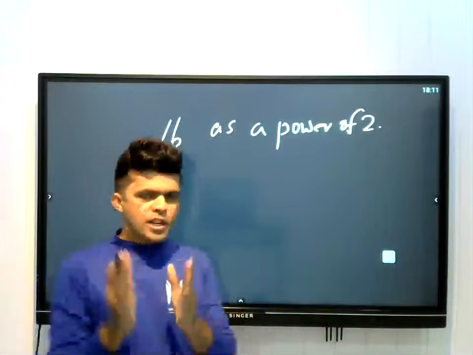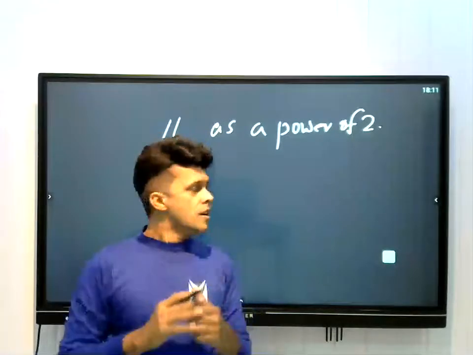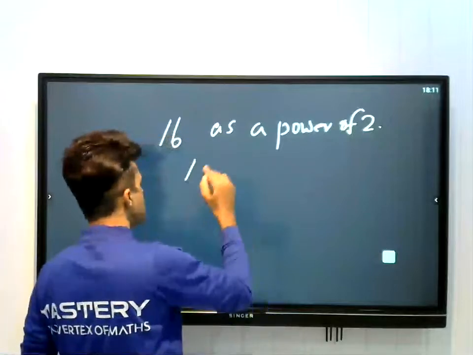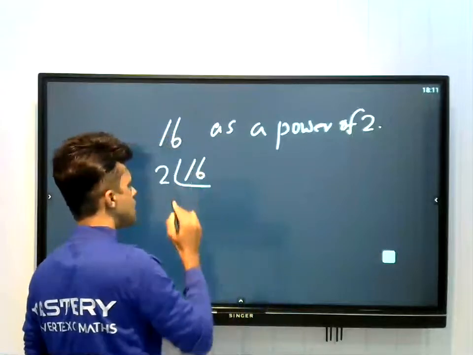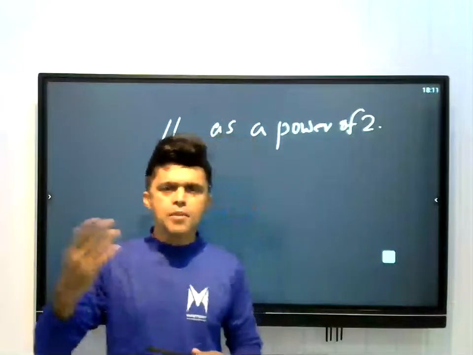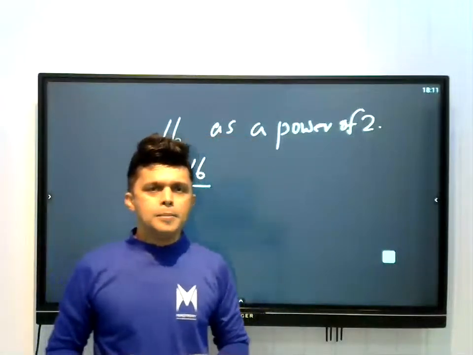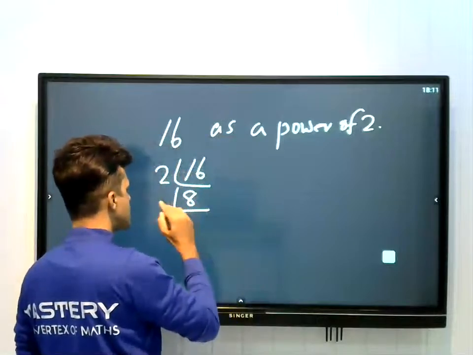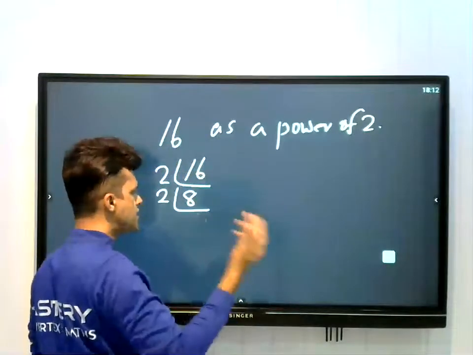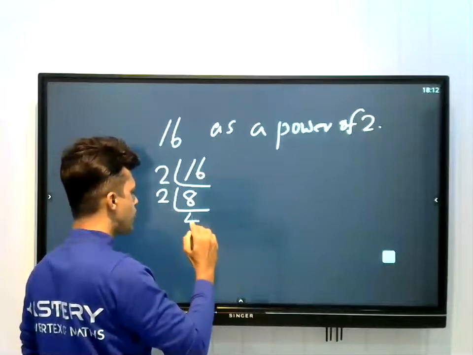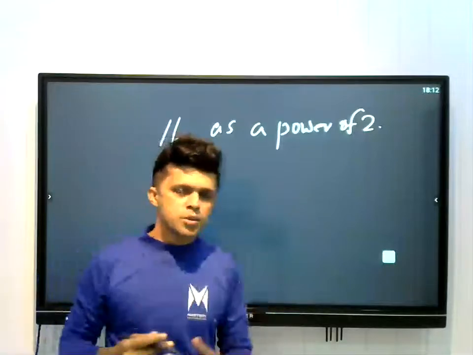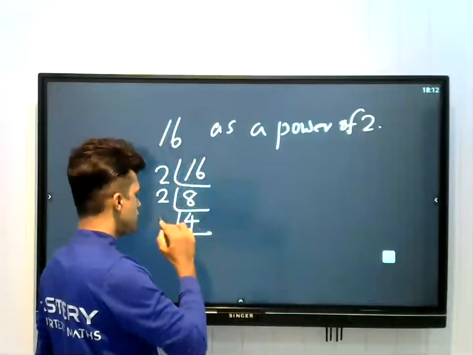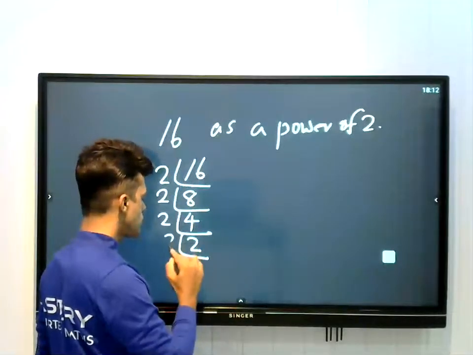According to the way learned previously, you could apply that knowledge here. 16 is a multiple of 2, therefore we can divide 16 by 2. 16 upon 2 is 8. 8 upon 2 is 4. Is it possible to divide 4 by 2? Yes. 4 over 2 is 2. Then 2 over 2 is 1.